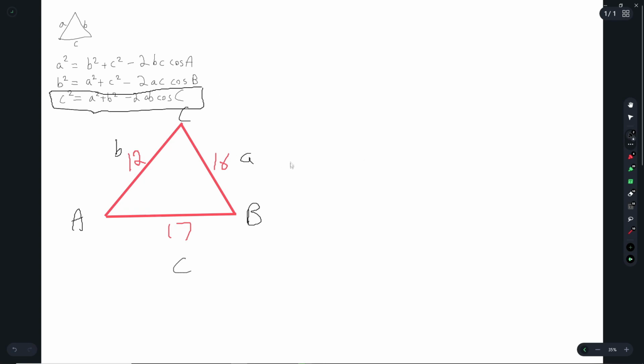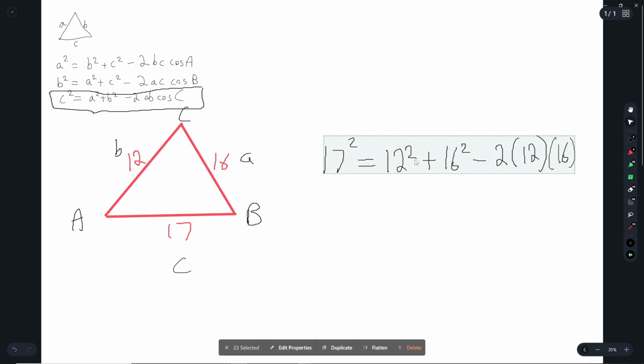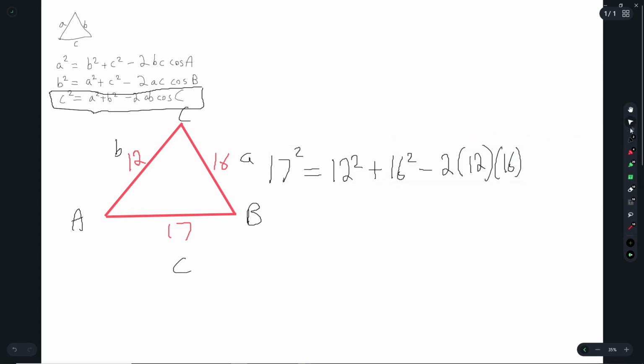So C squared, which is the side squared, so 17 squared equal to 12 squared plus 16 squared minus 2 times 12 times 16 times cosine of C. You can just write this on the calculator and shift solve, or you can use the alternative form.